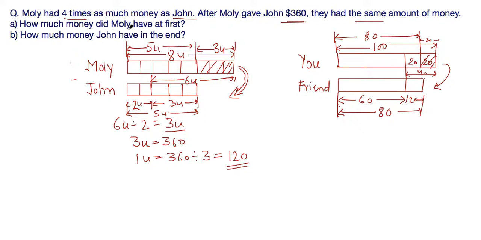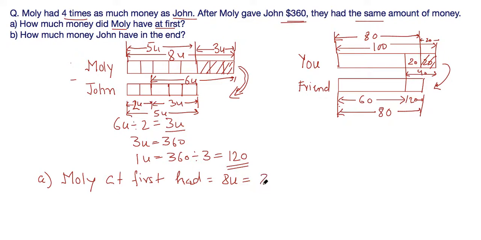Now let's read our question, what they are asking. How much money did Molly have at first? You can see it clearly from here. The amount of money Molly had at first is 8 units. So for part A, Molly at first had how many units? 8 units, right?